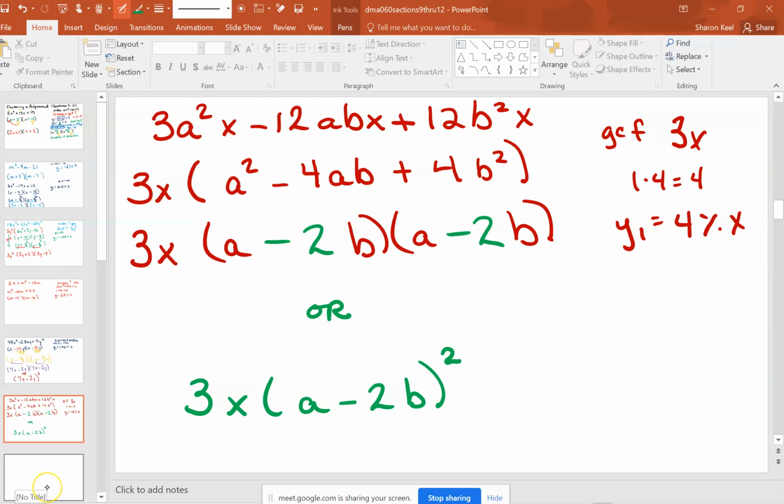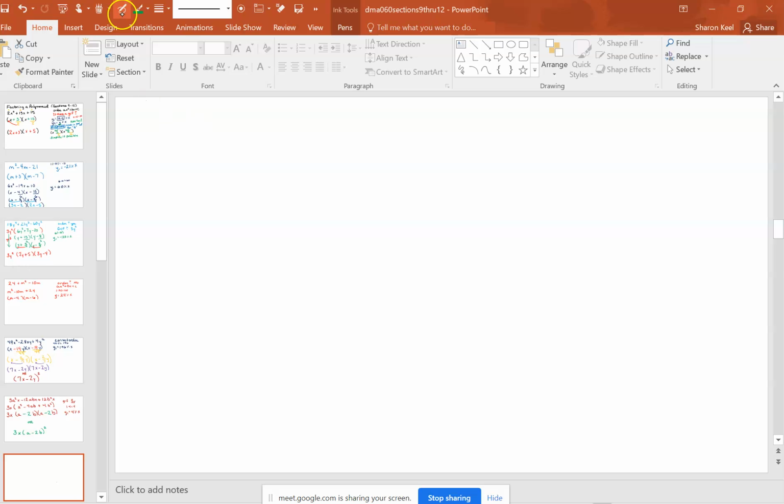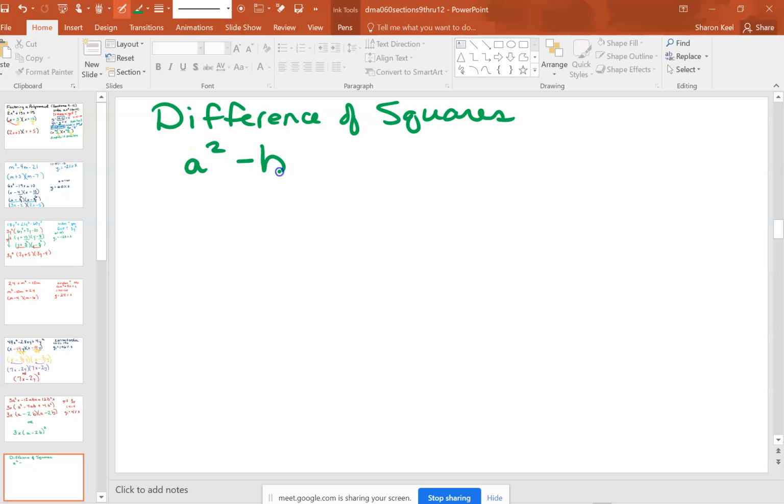The last thing I want to show you is if you're factoring something that's a difference of squares. Let me write the word, difference of squares. If you have an a squared minus b squared, that's going to factor into an a plus b and an a minus b.